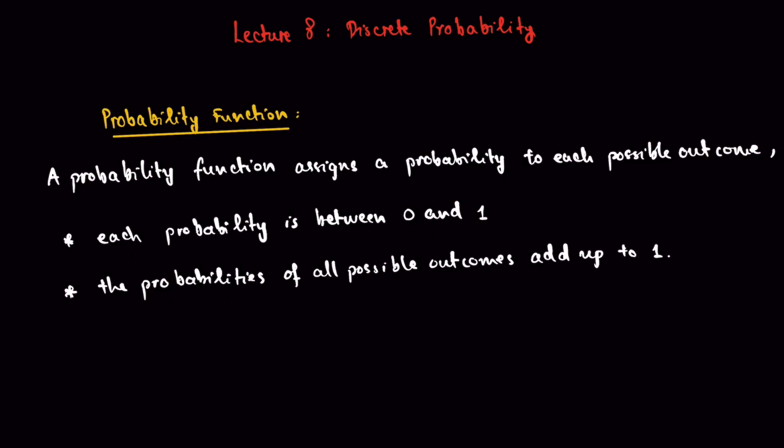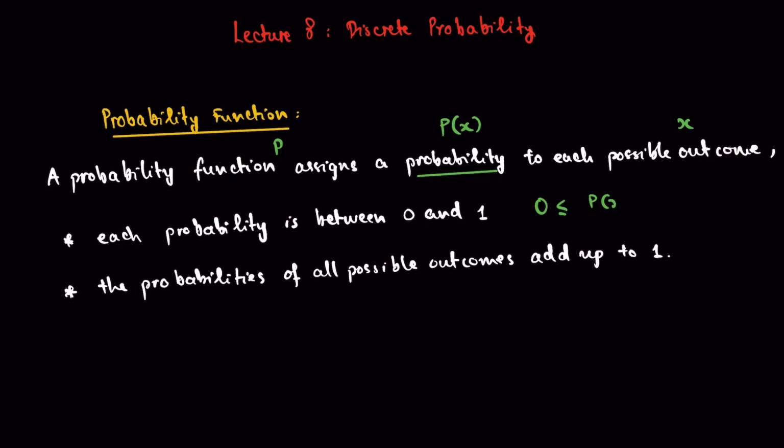In this definition, we have some notation to illustrate this. A probability function is denoted as P, and it assigns a probability to each possible outcome. So the probability we're talking about in this case is going to be P of X, for X a possible outcome. Now each probability is between 0 and 1, and we saw this in the last video already.